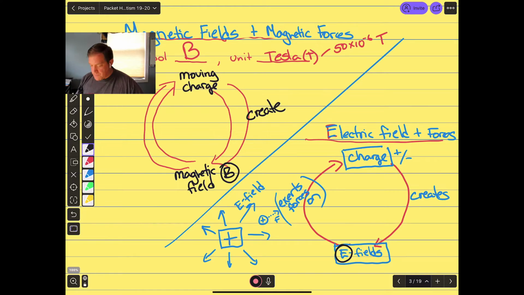This was E fields. Well, what do magnetic fields push and pull on? They exert forces, the magnetic force, on. And so basically you're asking yourself, what can a magnetic field push or pull on? It can only push or pull on other materials that have moving charges. So moving charges make magnetic fields, and then magnetic fields can interact, push on, pull on, other moving charges.